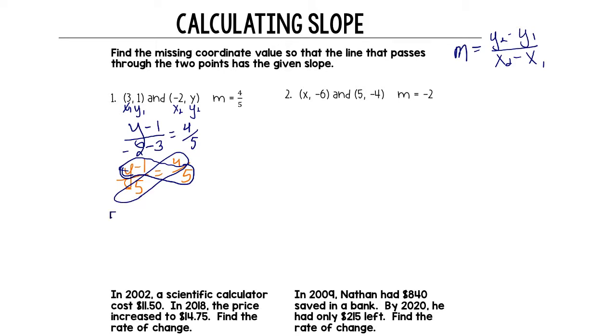So we'll end up with 5 times y minus 1 equals negative 20. Let's use the distributive property on the left. We have 5y minus 5 is negative 20. You can add 5 to each side.